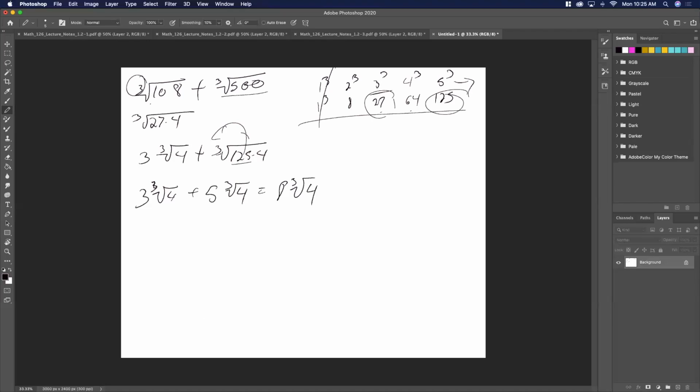Okay, makes sense. Give it a try. There's a couple on the homework, and if you need me to do one more thing, I did a cubic root on the test, but the cubic roots aren't this big. They're all less than 100. So the things you pull out are a lot easier to see.